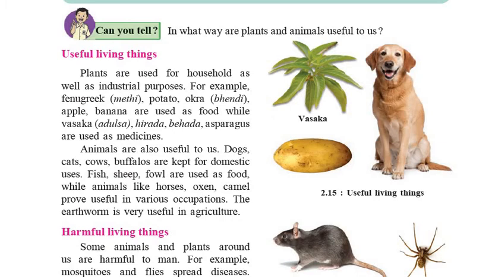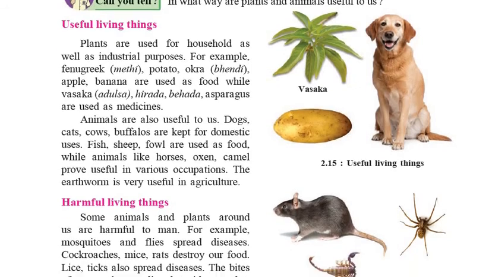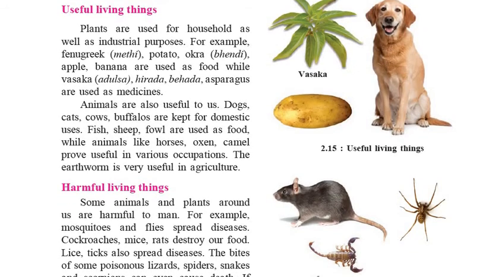Useful living things. Plants are used for household as well as industrial purposes. For example, fenugreek, methi, potato, okra or bhindi, apple, banana are used as food, while vasaka or adusa, hirda, behda, asparagus are used as medicines.